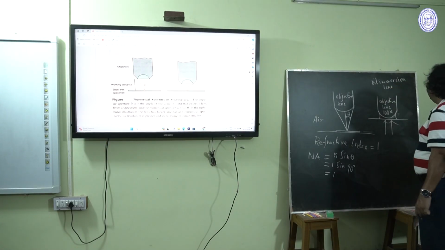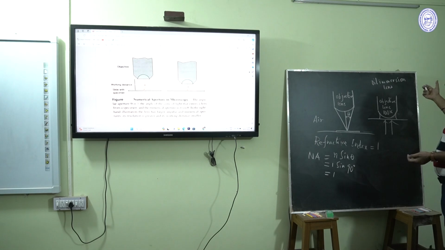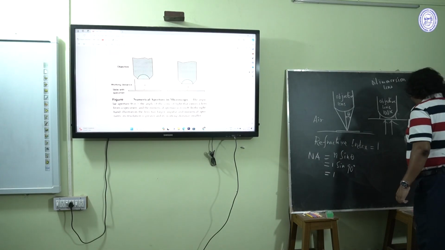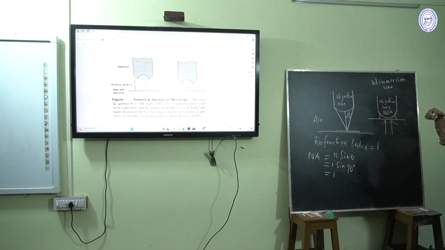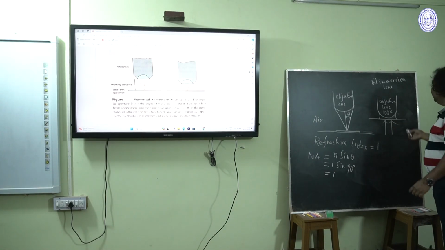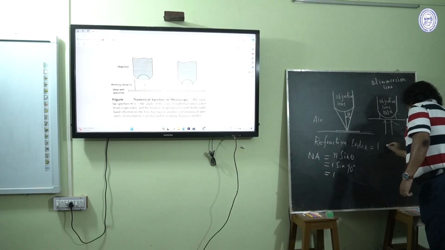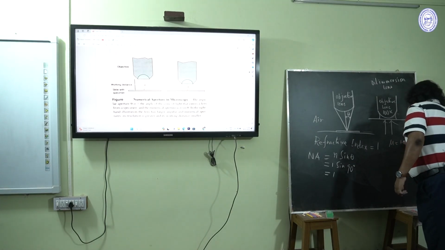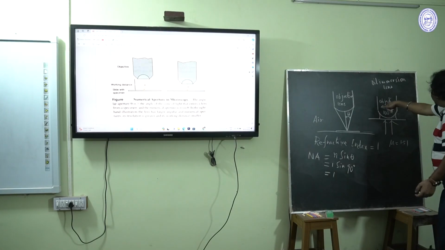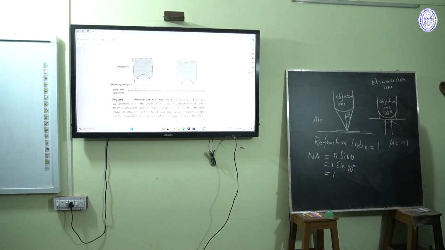Why are we using oil immersion? Various types of oils or solutions are present in the market. The slide glass has a refractive index mu equal to 1.51. The objective lens is also made of glass, so it also has a refractive index of 1.51.